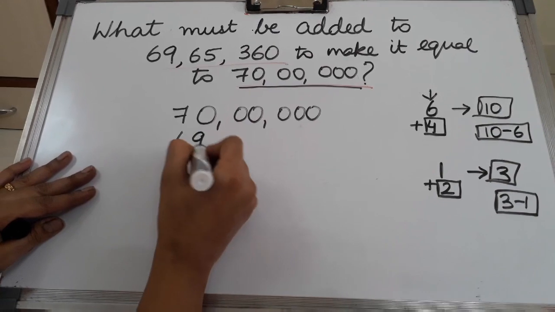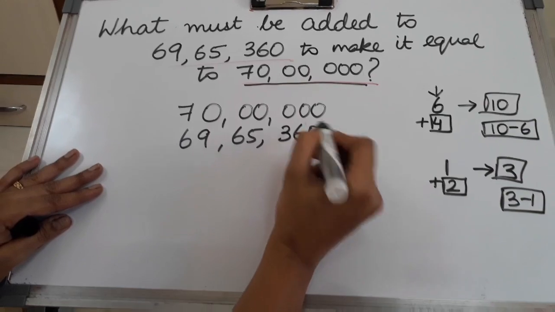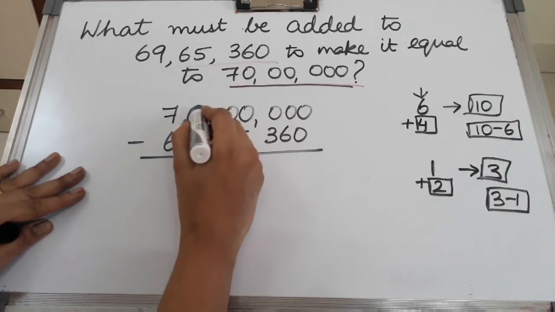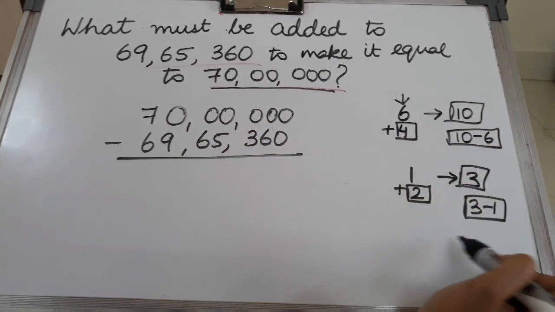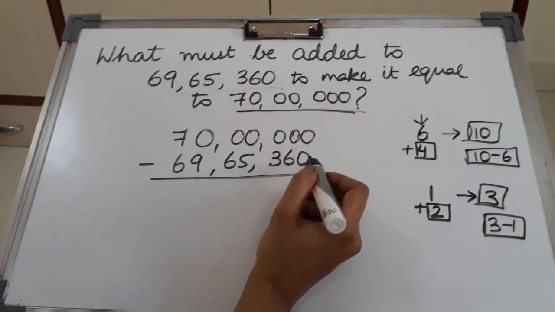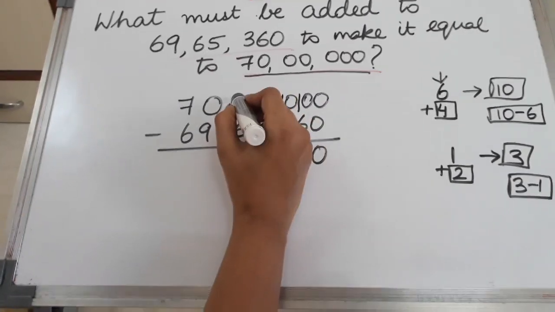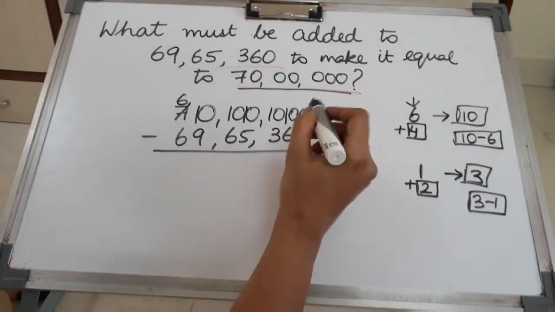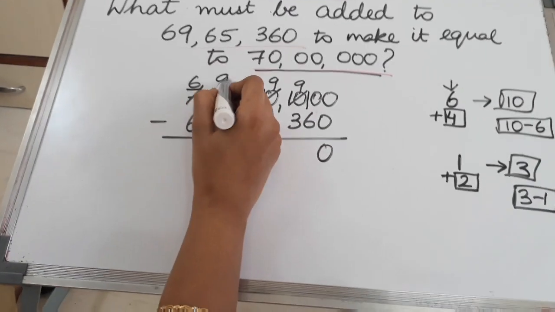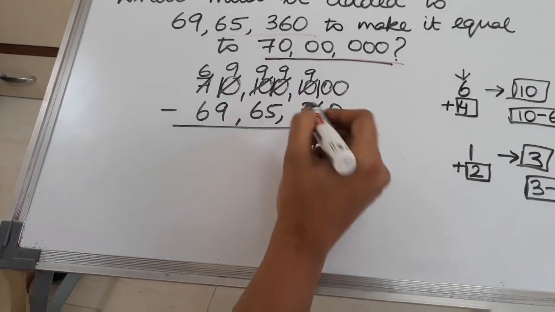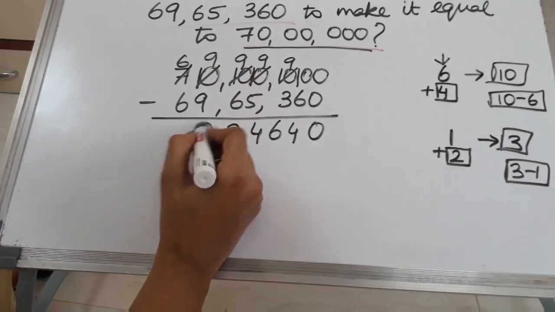Very easy. Because these numbers are large and the place value goes till lakhs, we get confused. But if we understand it with a simple one-digit example, then we can understand it better. So now we will do simple subtraction. Take 9, 9, 9, 9 and write here 4. 9 minus 3 is 6, 9 minus 5 is 4, 9 minus 6 is 3, then this is 0 and 0.